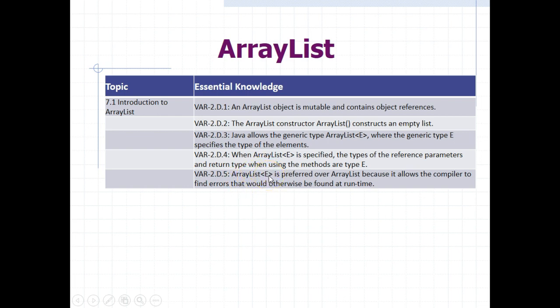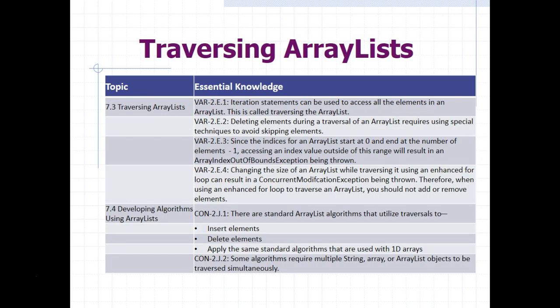The reason why is because it allows the compiler to find errors that would otherwise be found only when you're running the program. So then your program could potentially crash, and then you'd have to problem solve that. So it's typically preferred that you do the declarations with the types in them.